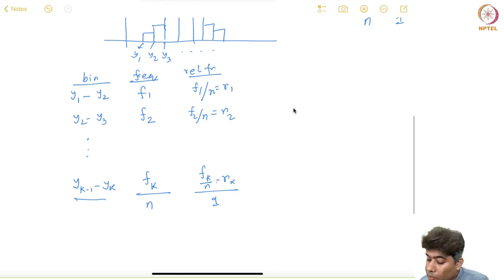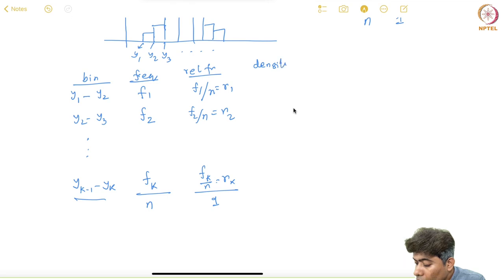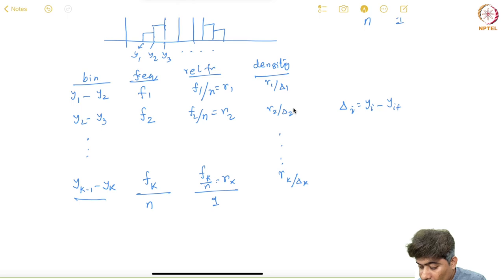Now we will define density. Density is r1 by delta 1, r2 by delta 2, in this way rk by delta k. What is delta i? Delta i is basically yi plus 1 minus yi, the bin width.